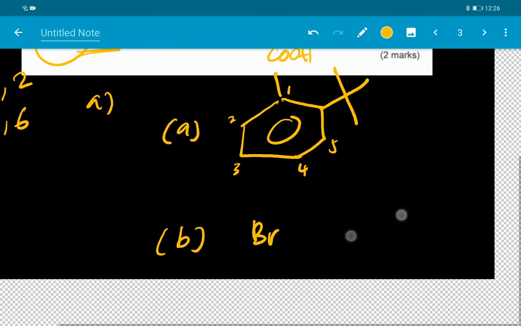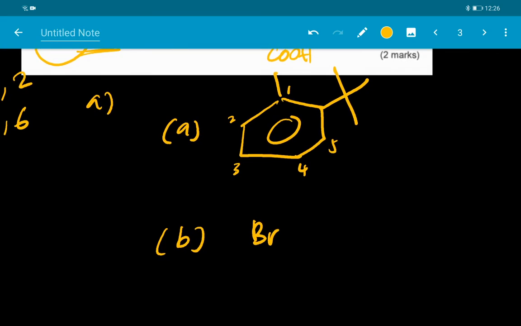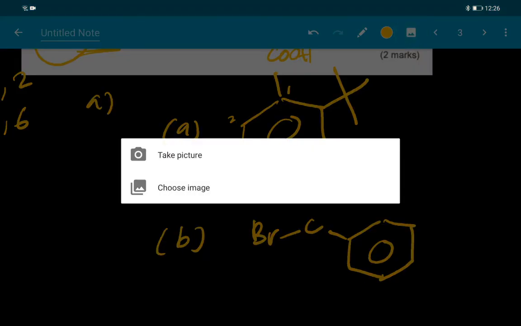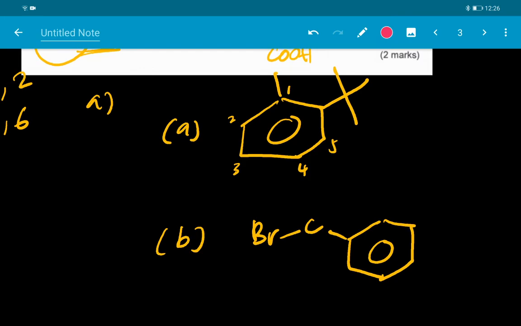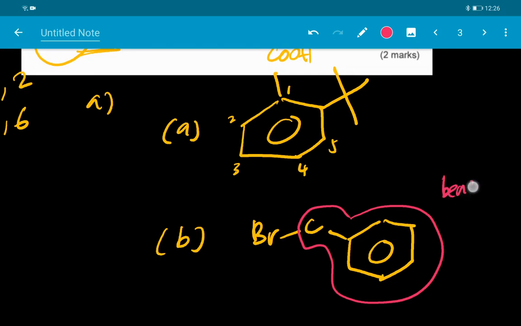The benzene structure is referring to a benzene which is attached to a carbon first before it is attached to the bromine. The structure of the benzene, again, is referring to the benzene structure which is attached to the carbon, and this will be called benzyl.